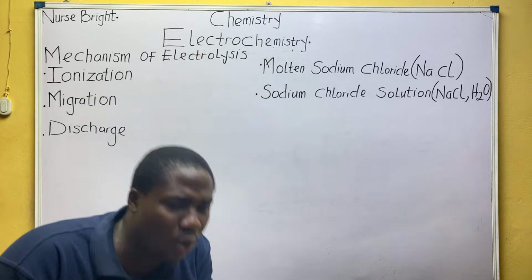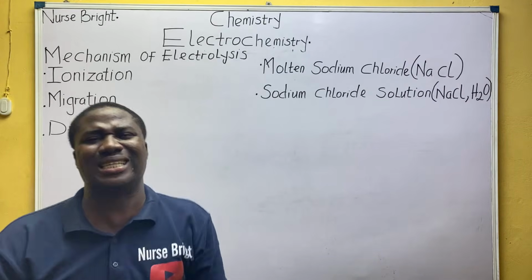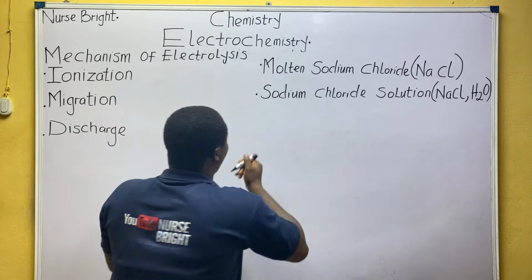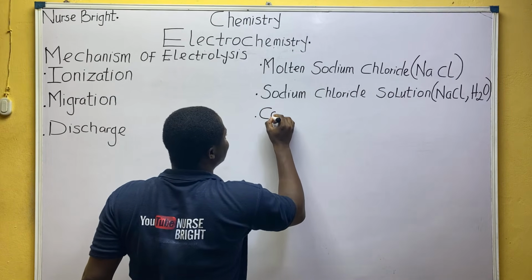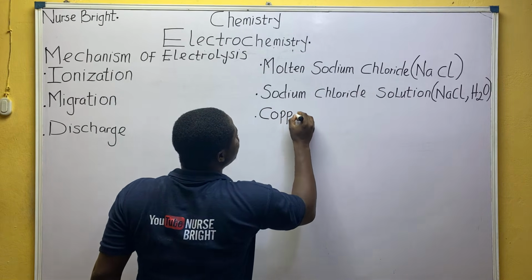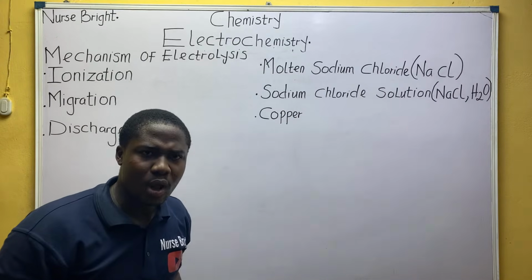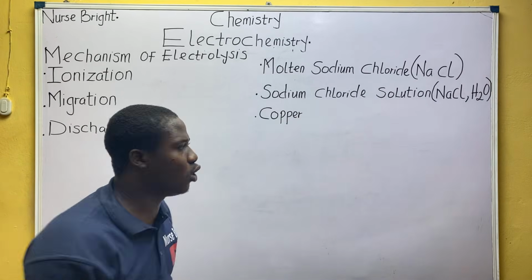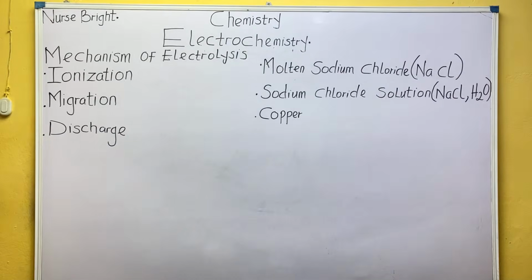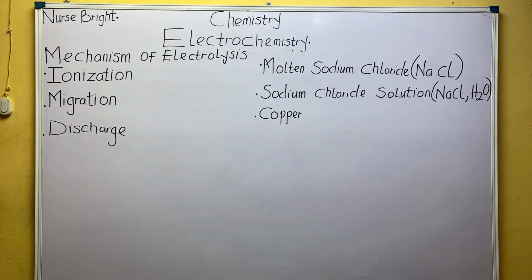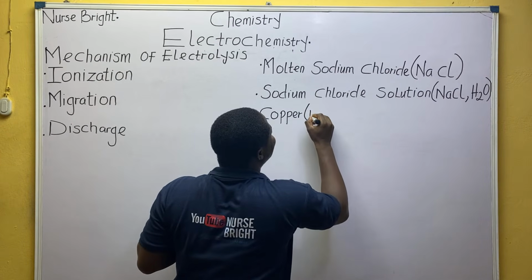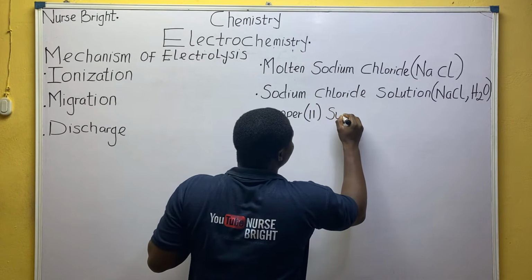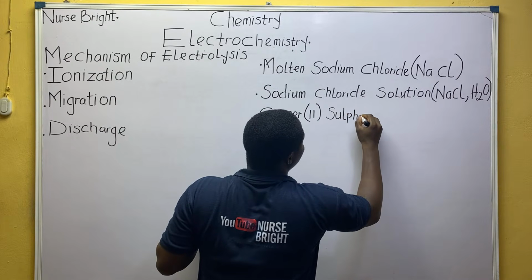Are you guys following me? All these things are very important. Alright, so moving further, this is another one, we call it copper sulfate. Copper sulfate solution. Specifically its name is copper 2 sulfate solution, because I have to teach you something here.